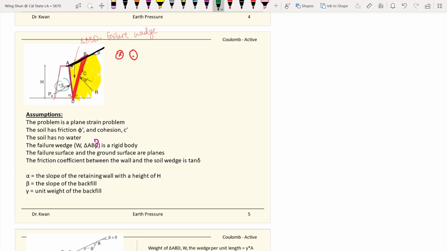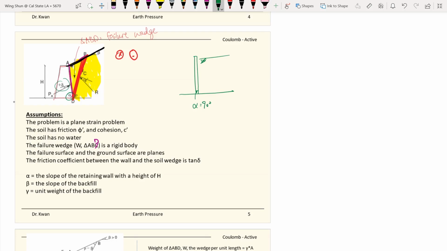And a couple more terminologies: alpha is the slope of the retaining wall with the height h. So you have the height h right there for the retaining wall, and we have slope angle alpha. So you take care of different dimensions of the retaining wall. If you have a very simple right angle wall, in this case alpha equals 90 degrees.